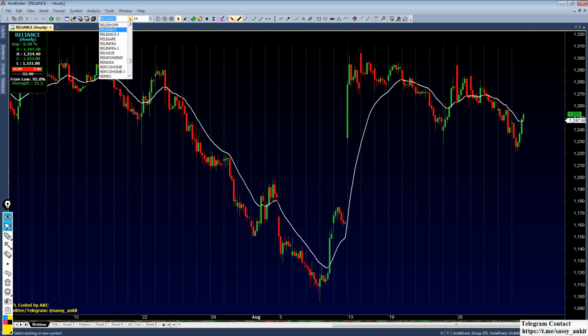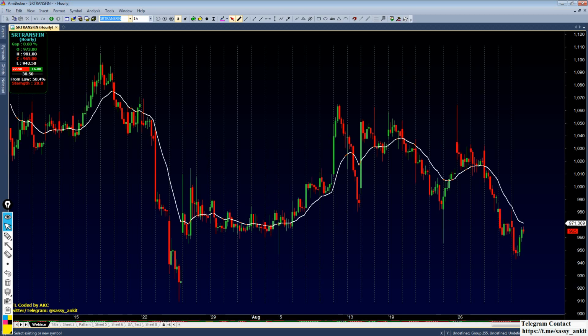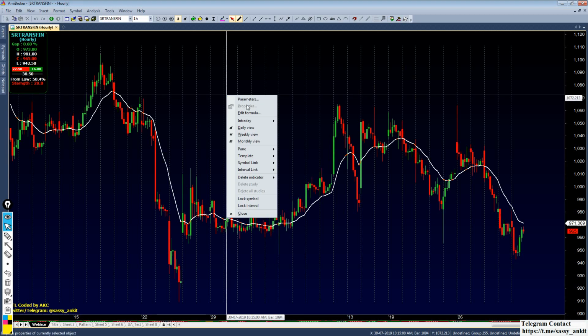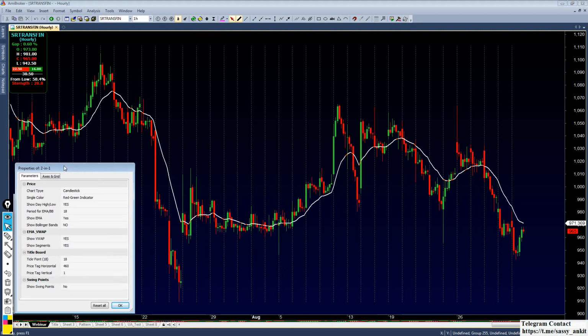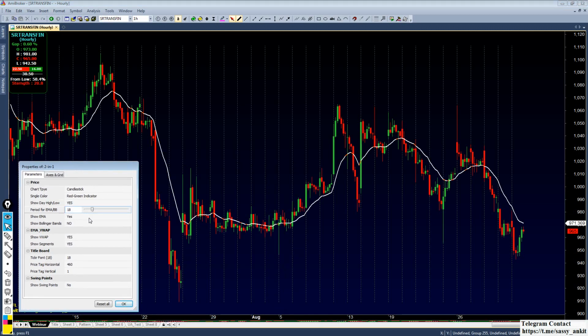Let's switch to another stock. Let's take a random example, SRT Finance. Let's try to find out the exponential moving average which will have the maximum number of touches.